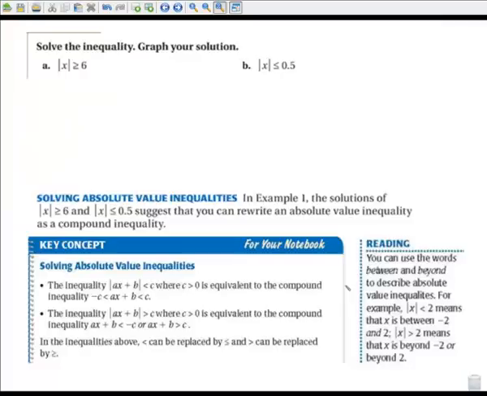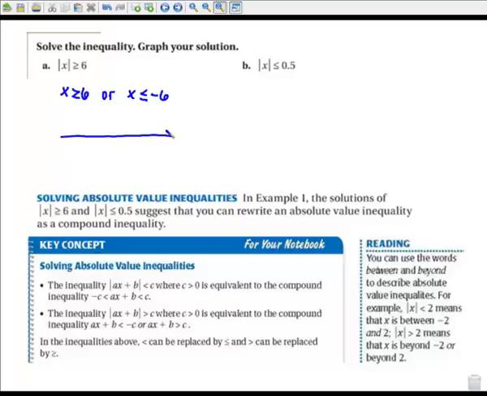So if we have the absolute value of x is greater than or equal to 6, we know that x has to be greater than 6 units away from 0. So x has to be greater than or equal to 6, or x has to be less than or equal to negative 6.